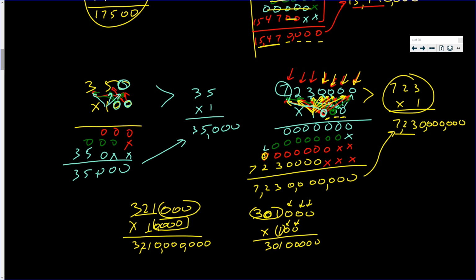Don't include that 0. It's the zeros at the end of the number. There are 5 zeros at the end of the number. So it looks to me like 30,100,000. Okay, and you can do this in a trivial fashion.